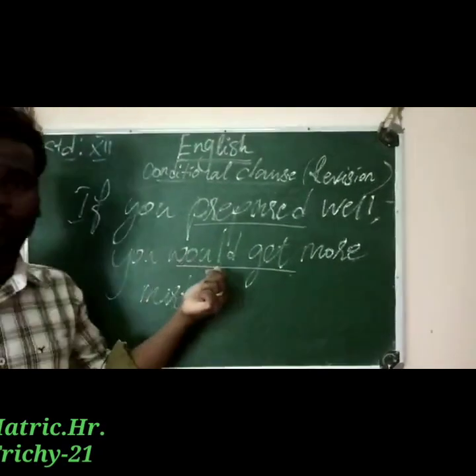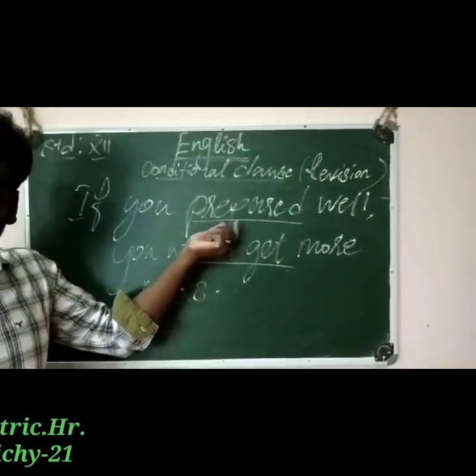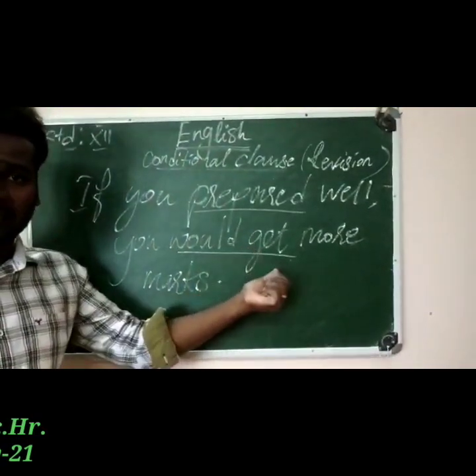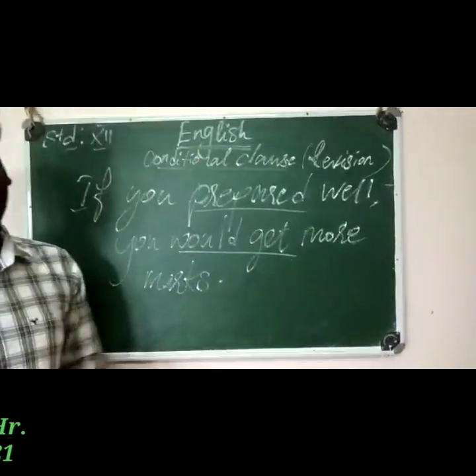So this is a past condition. This is past, these actions are almost over, and again we are speaking to someone about this past. If you prepared well, you would get more marks. So this is the rule: prepare, simple past, is the condition part. The result part is would plus V1. Get is the first form of the verb.